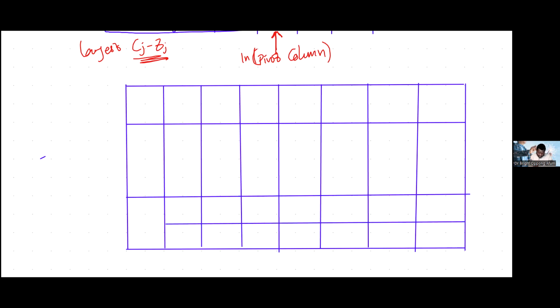So let's use black and say still CJ, CB, the basis, the solution basis, the BIs, X1, X2, S1, S2. Okay, so that one is left, ZJ, CJ minus ZJ.